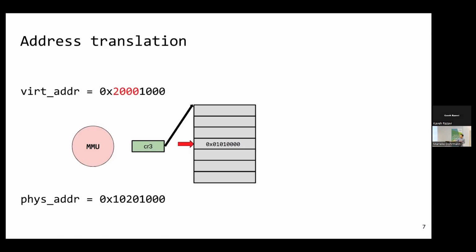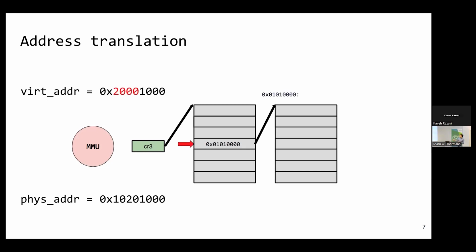And it finds a physical address that points to the next level of the page table. Then you go to this physical page, and you use the other bits to figure out which entry now you should read. And now this entry tells you your actual physical address is in this location.